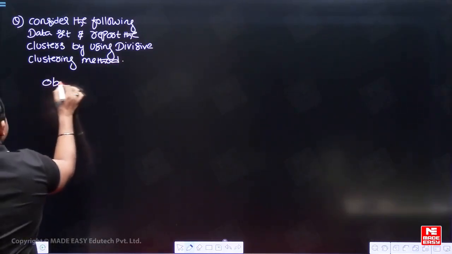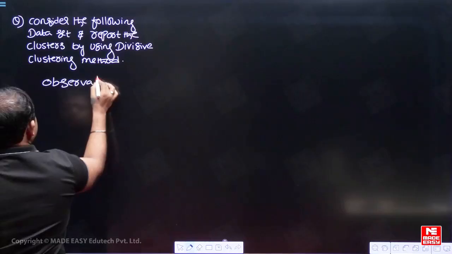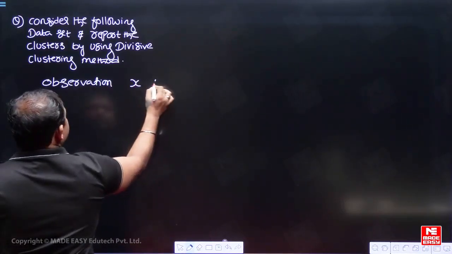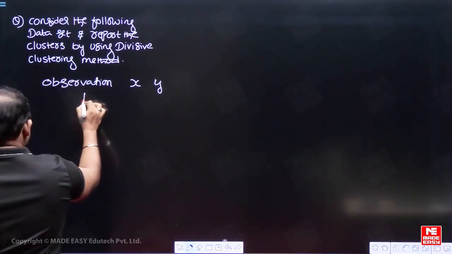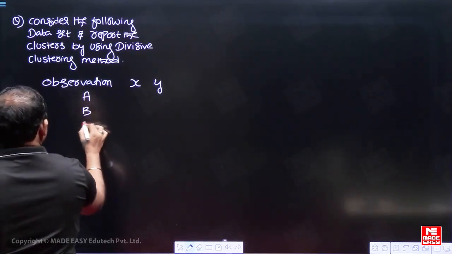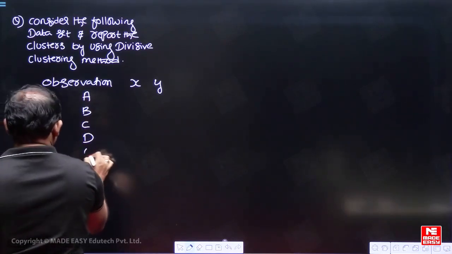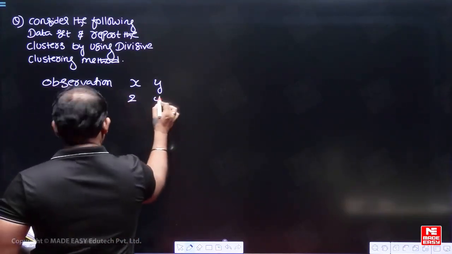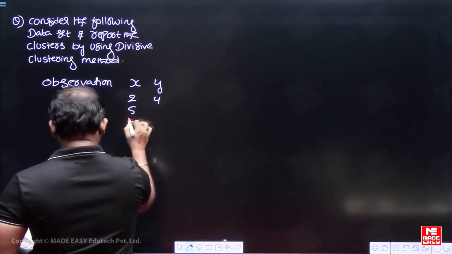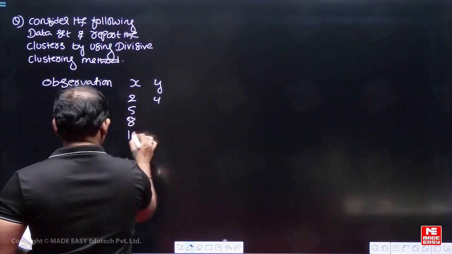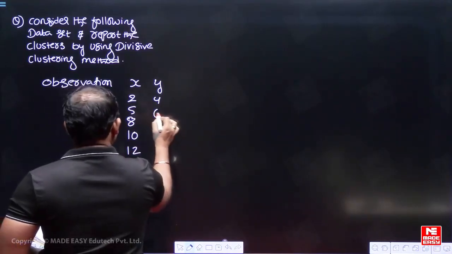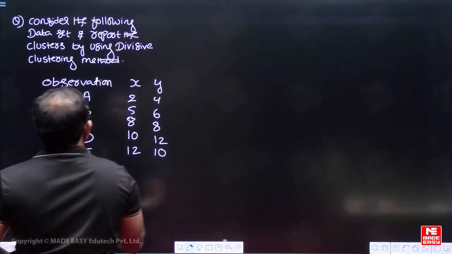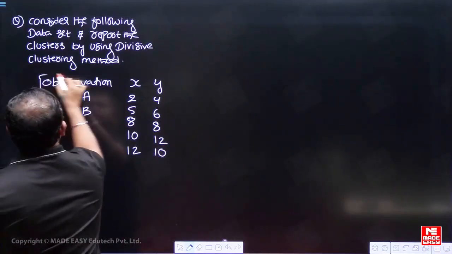See this, observations, data point 1, data point 2. These are the observations A, B, C, D, E. Yeah, this is given.